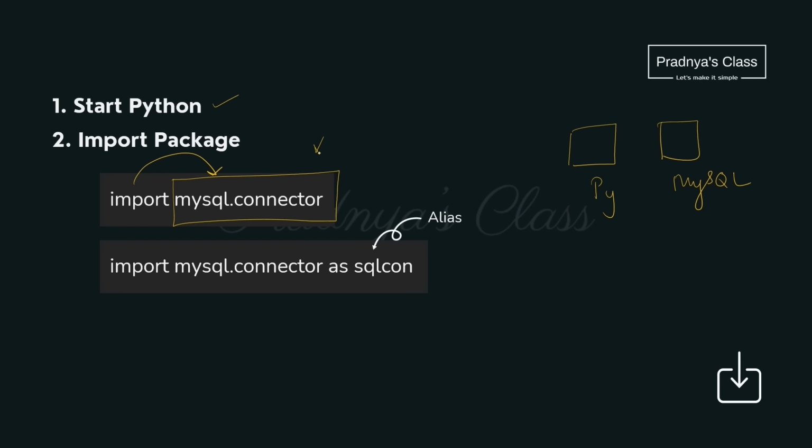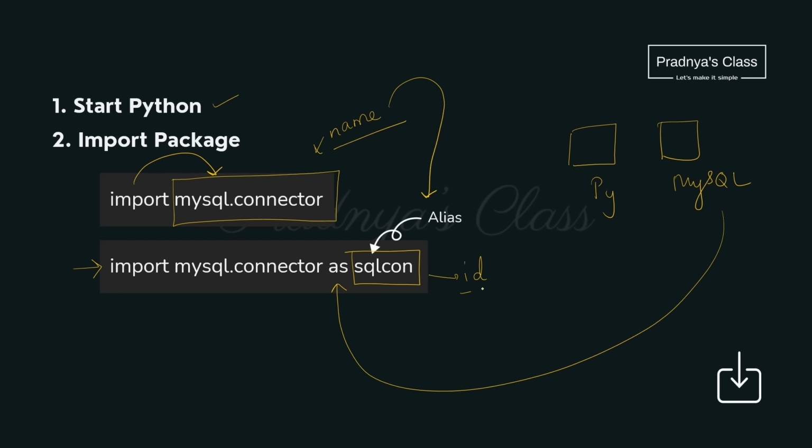You can see this name is a little longer and complicated, so to make it simple and small we can give an alias to it, just like MySQL, using the as keyword. So now the command will look like import mysql.connector as sqlcon. This is nothing but an identifier.